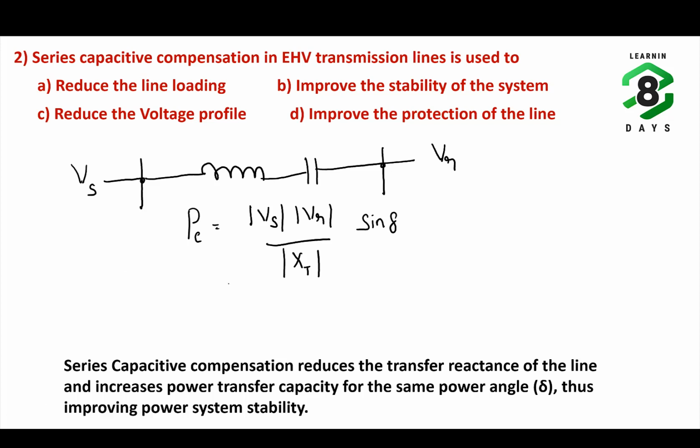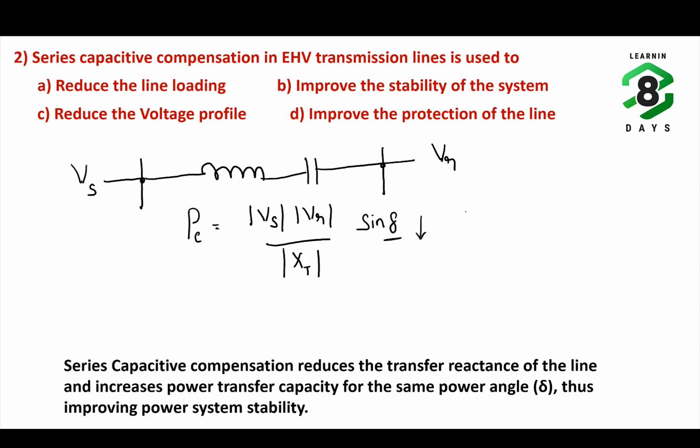Now in this power transfer equation, if we reduce the overall transfer reactance by adding series capacitive compensation, what will happen? We can transfer more power to the receiving end for the same delta value. Suppose we want to transfer the same amount of power after series capacitive compensation, then the delta value will decrease.